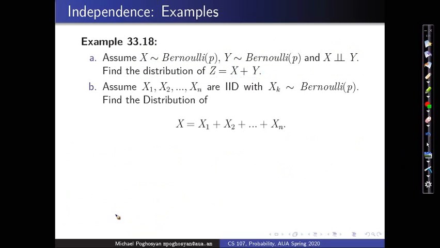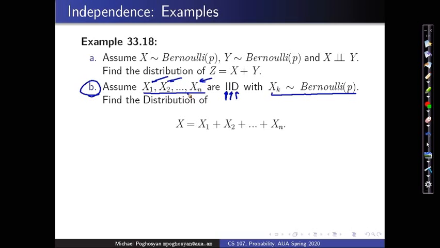Now, looking at part B, assume we have n independent identically distributed random variables, IID random variables, such that Xk is Bernoulli p. So X1 is Bernoulli p, X2 is Bernoulli p, Xn is Bernoulli p. That is, I'm doing n trials.